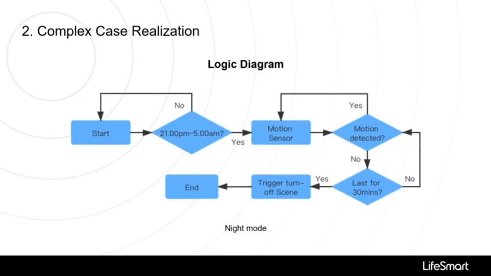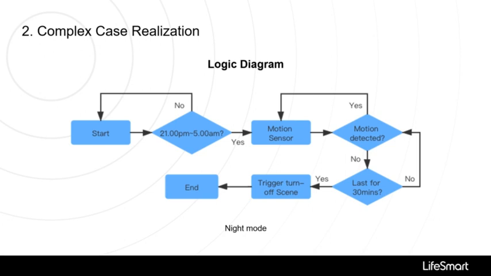So let's see a logic diagram of accomplishing this case. In this case, we will have three comparison conditions. From the start, the first condition is whether the time is between 9 p.m. and 5 a.m. If the answer is yes, then the system goes to the next step of the motion sensor.